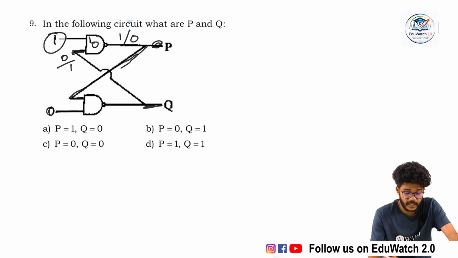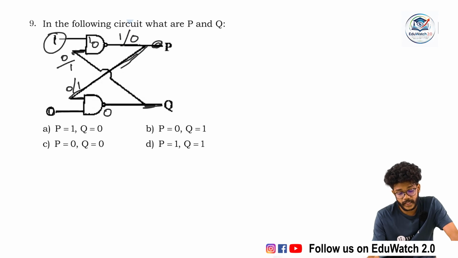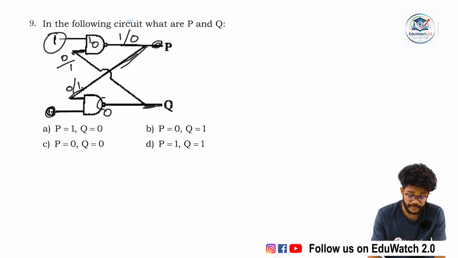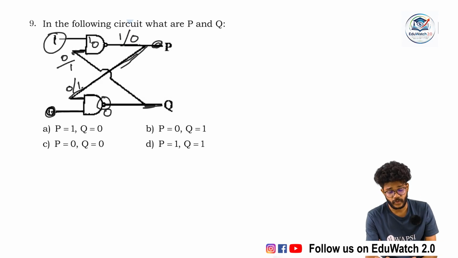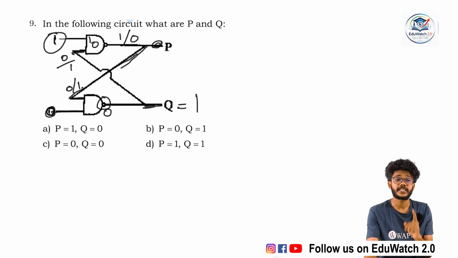And if this is 0, and this can be also 0 or 1, what's the answer? The answer from this is only 0, because the first quantity is 0, and 0 multiplied with 0 gives 0, and 0 multiplied with 1 gives 0. But a NOT gate is given, so the opposite of 0 is 1, so the answer for Q is always 1.